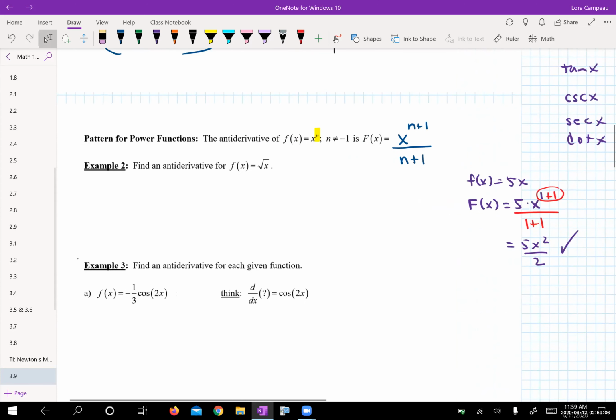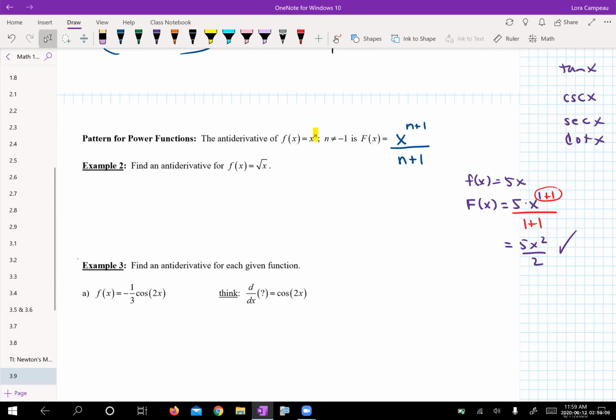So now we can adjust a little bit and say, okay, well, if we have f of x equals square root of x, sometimes it's a little bit nicer to start off by rewriting it, just so that we have a good idea of what to look at. Radicals can be written as fraction exponents, rational exponents.